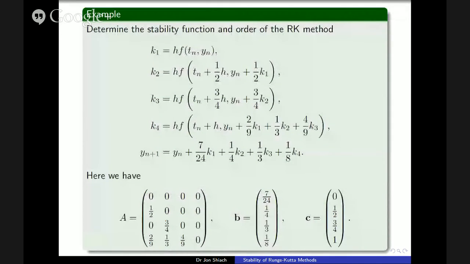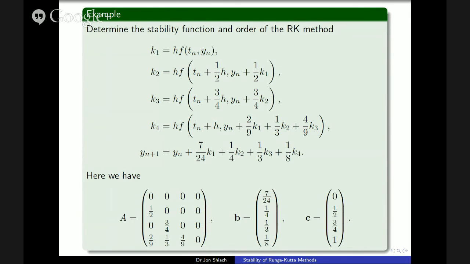Here's an example. I've got an explicit Runge-Kutta method here. It's got 4 stages. Just because there are 4 stages doesn't necessarily mean it's 4th order. So this is my method, written in iterative form.